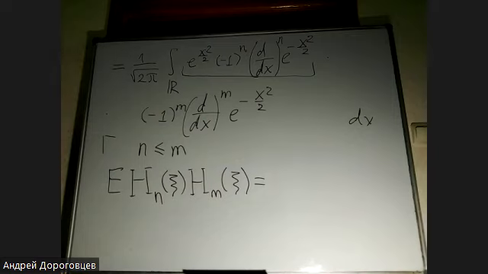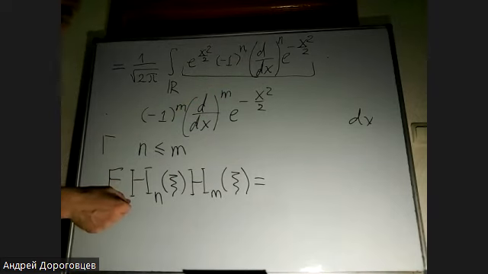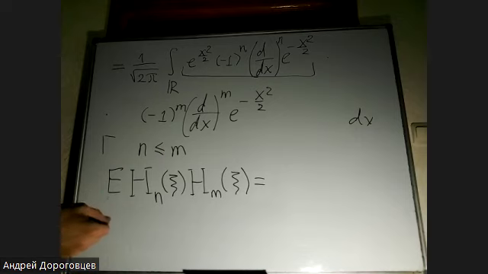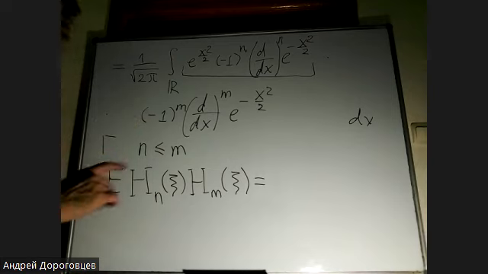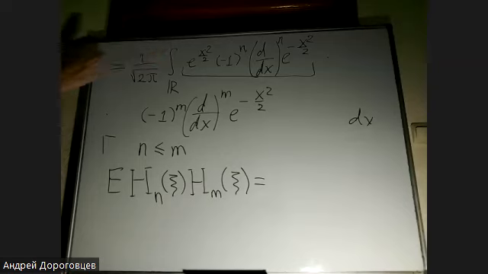So what I'm doing now? I will just use the integration by parts formula a lot of times. It is very convenient to do this now. Why? Because this function, together with its derivatives, decreases at infinity more rapidly than any polynomial. So the terms which arise in the integration by parts formula not related to the integral, the terms with differences, disappear.